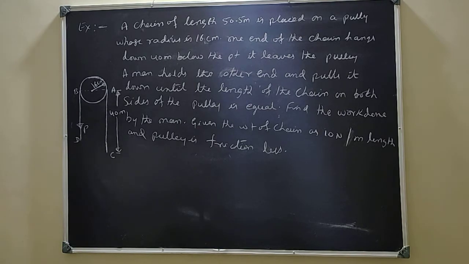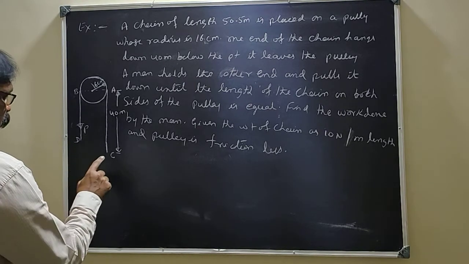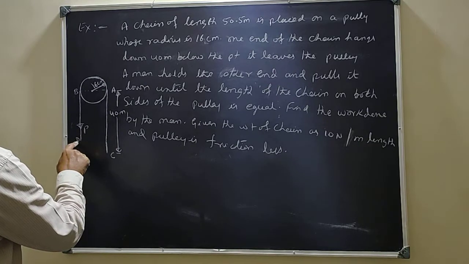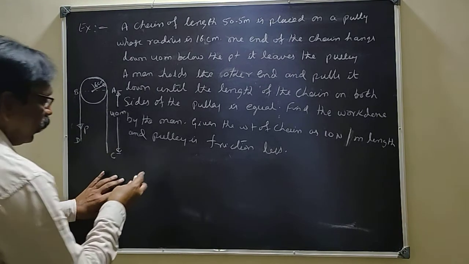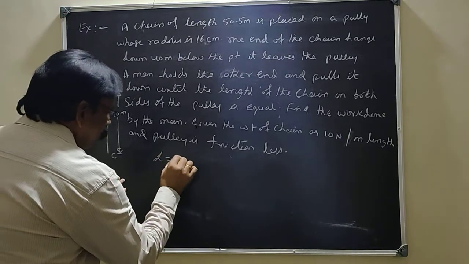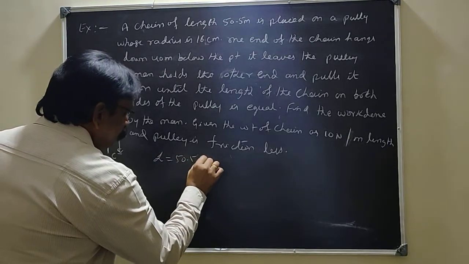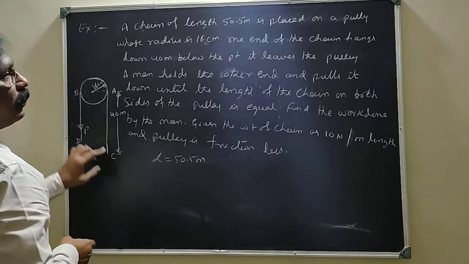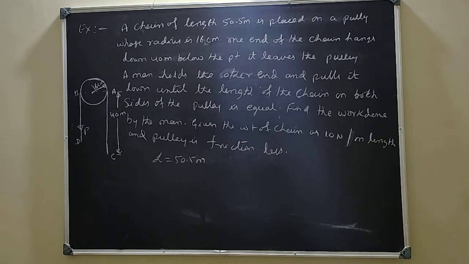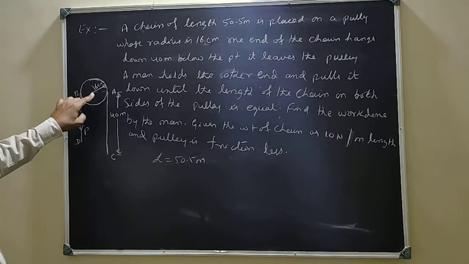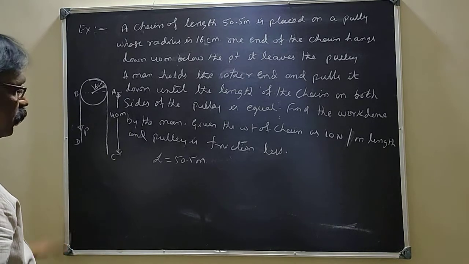So now the total length of the chain what he has given is 50.5 meter. So that means length L is equal to 50.5 meter. Then the radius of the pulley is 16 centimeter.